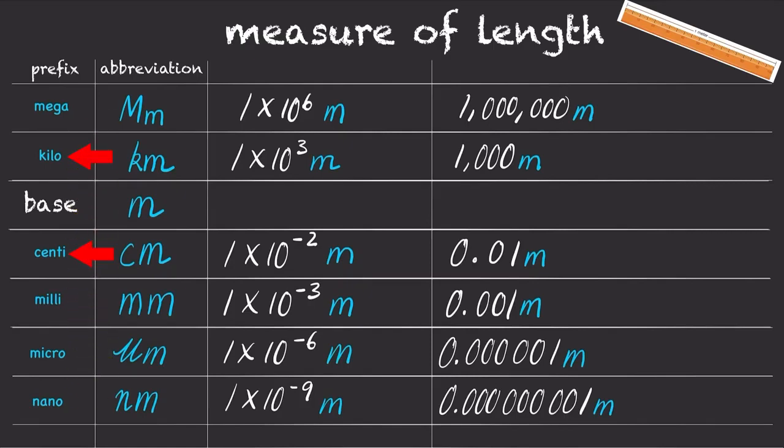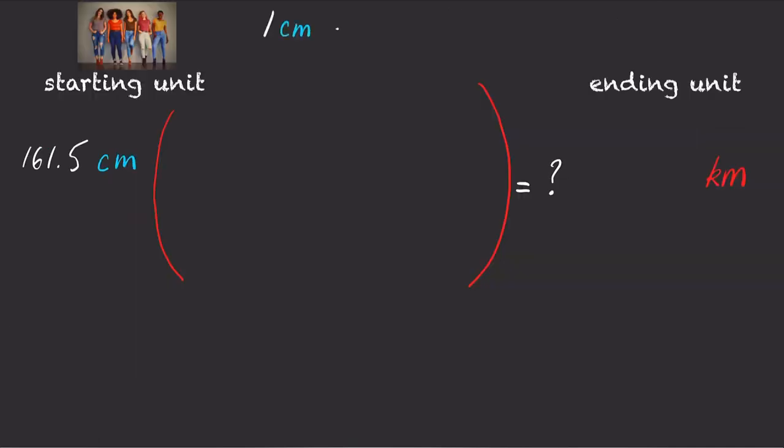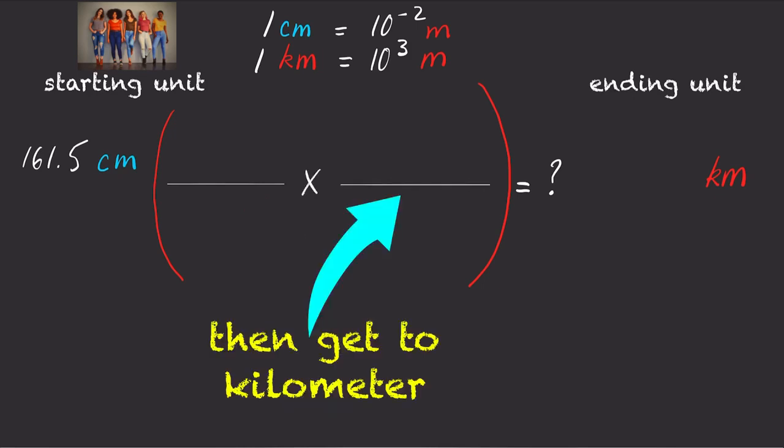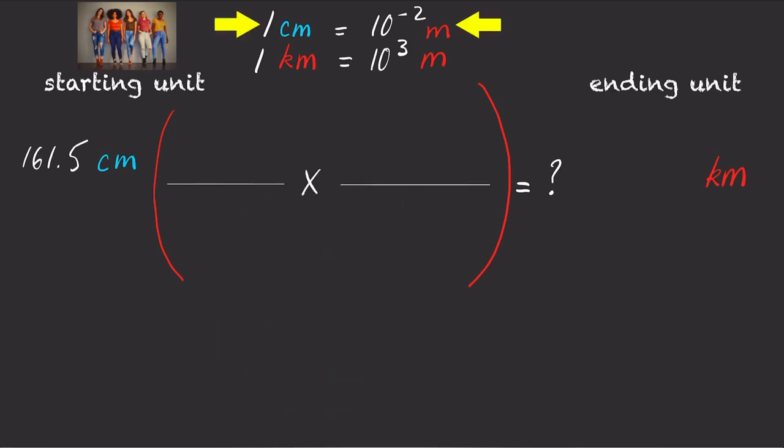So, using the two prefixes, we will need to build two different metric conversion factors to get from centimeter to kilometer. First, we are starting with the measurement unit of length, 161.5 centimeters. The first conversion factor will take us from centimeter to meter. Using the relationship between centimeter and meter, if we put meter in the numerator and centimeter in the denominator, centimeters will cancel and we're left with meter.